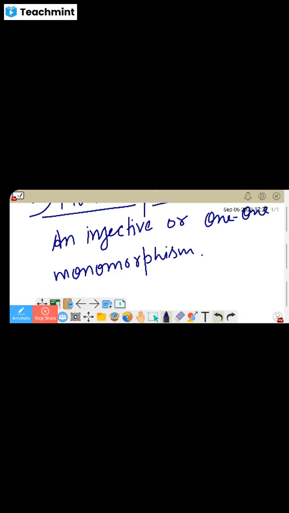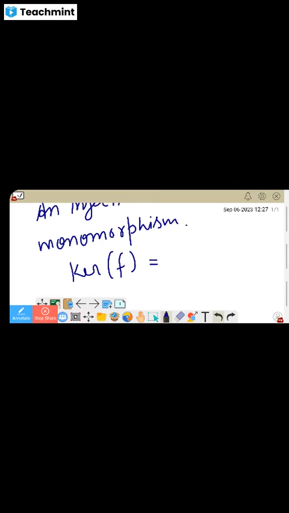So in this case, kernel of F is equal to identity of G.